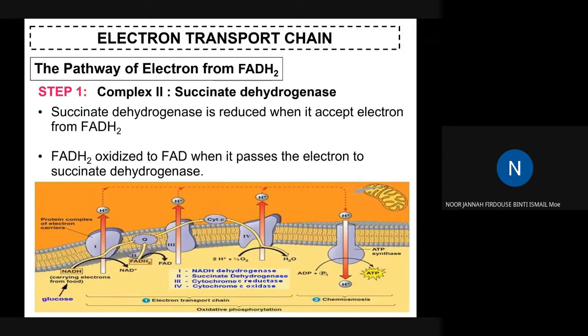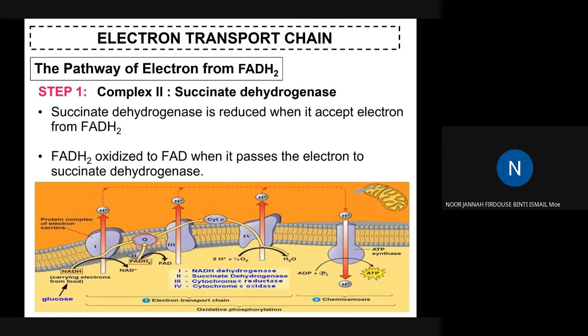Complex number two, the succinate dehydrogenase, is reduced when it accepts electron from FADH2. As you can see in the diagram here, the electron from complex one is not transported to the second complex. It is transported to the ubiquinone here.